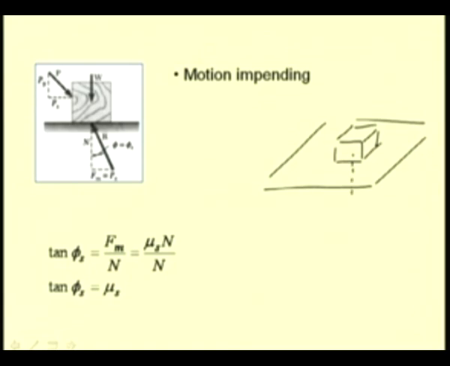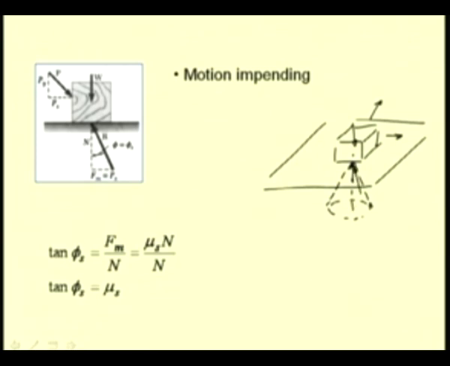So, if the forces are applied such that this block tends to move in any of these directions, if the resultant of the normal reaction and the developed frictional force lies within this cone, say like this, then the motion is not impending.